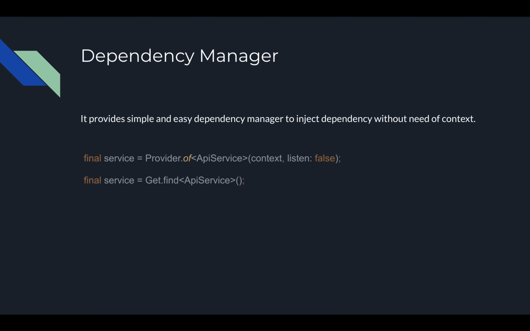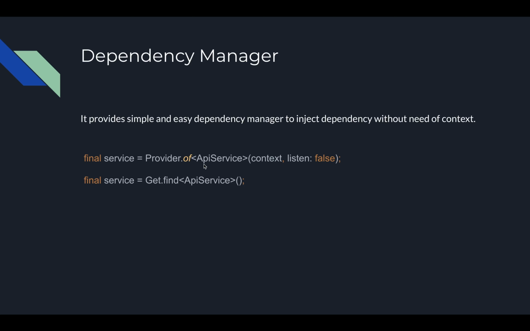Now the last core thing is Dependency Manager, which provides an easy and simple way to inject dependencies to a dependent class without the need of context. You may have used Provider as dependency injection, which requires context with the injector. However, GetX doesn't need context and has simple code. Here you can see the comparison between Provider as Dependency Manager, and GetX as Dependency Manager.